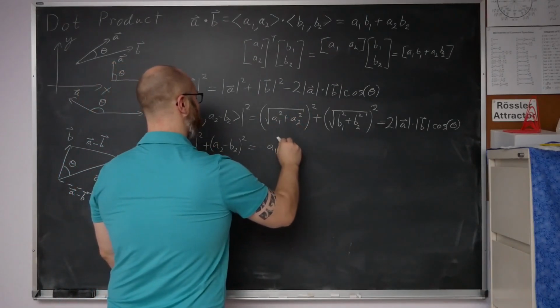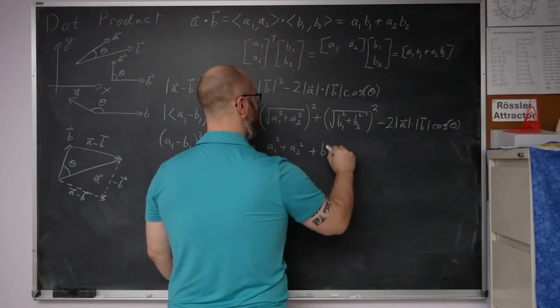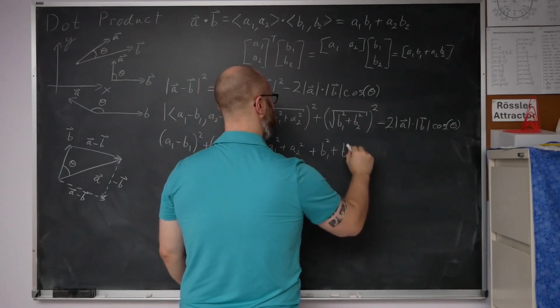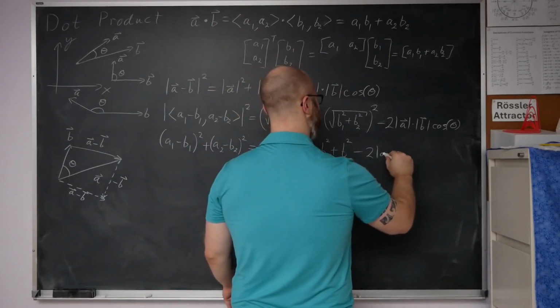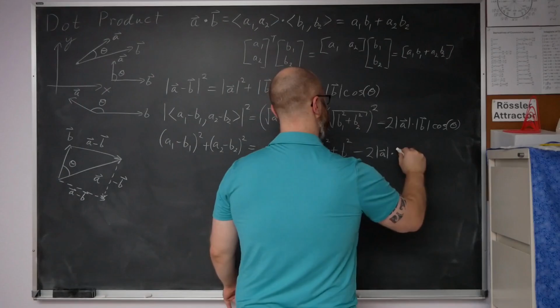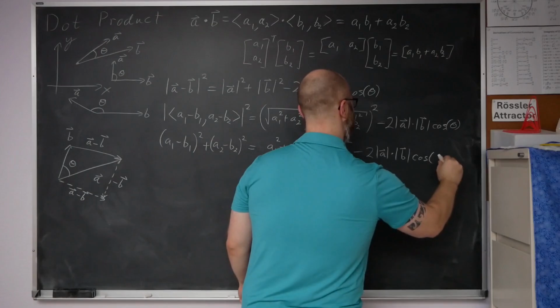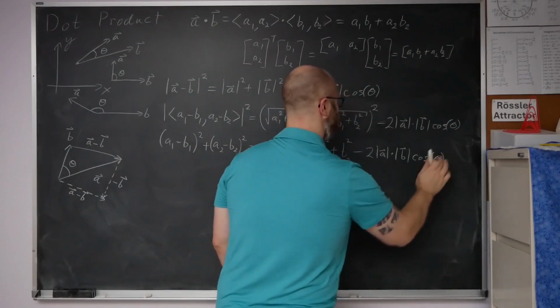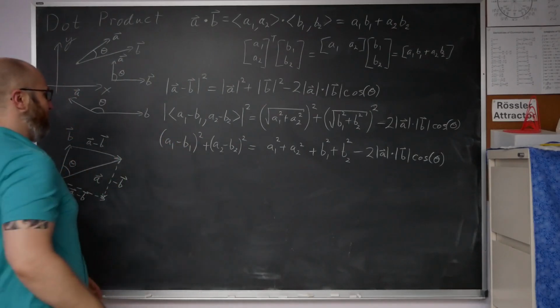I get A1 squared plus A2 squared plus B1 squared plus B2 squared minus 2 times the length of vector A, times the length of vector B, times cosine of that angle we're still looking for. All right, now I get to expand this part out.